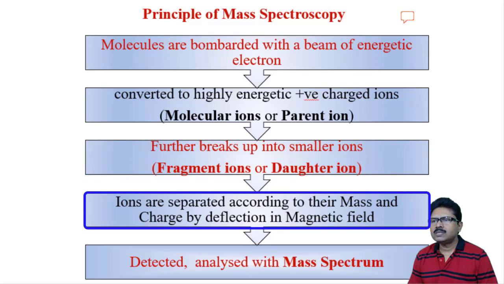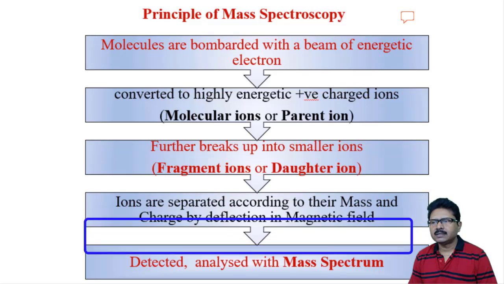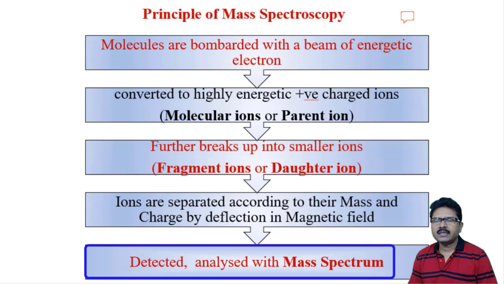All these ions, the molecular ion and fragment ions, are separated according to their mass and charge by deflecting in a magnetic field. Those ions are allowed to pass through a magnetic field, and due to the effect of the magnetic field, all the ions will be deflected. Meaning all the ions are separated. These separated ions are detected by the detector and ultimately analyzed by using the mass spectrum.